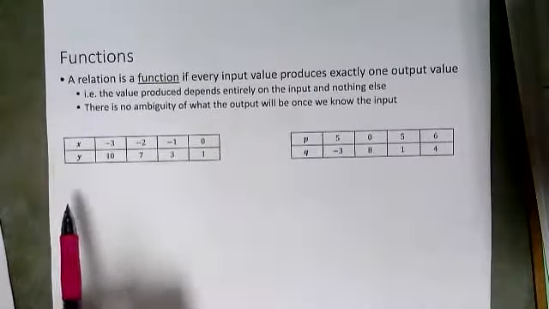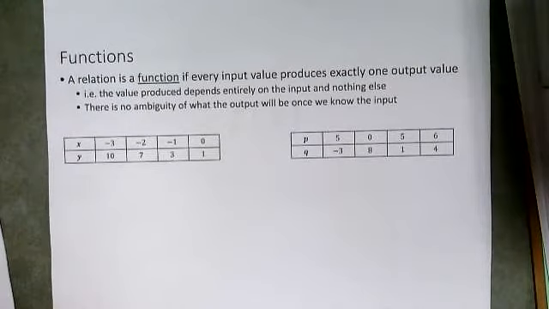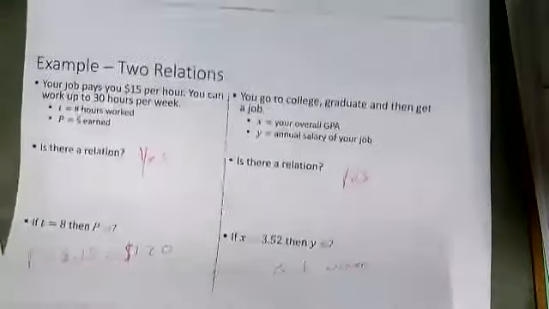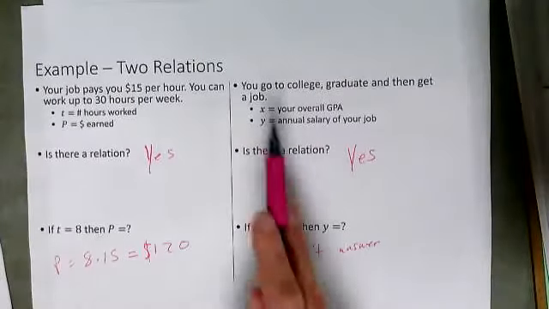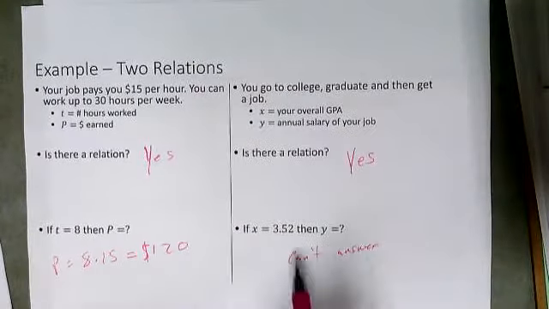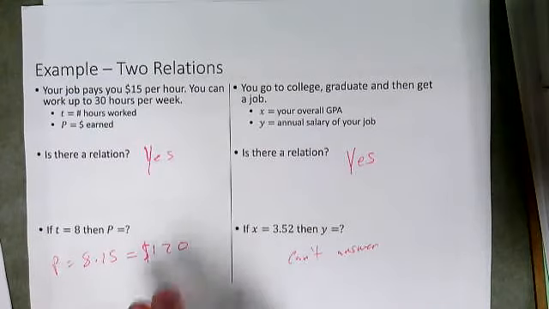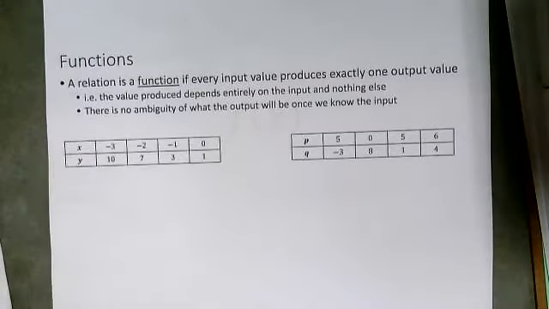So in this case, i.e., the value produced depends entirely on the input value and nothing else. And there's no ambiguity of what the output will be once we know what the input is. So for instance, if we go back, this guy is not a function because we can't answer this. There's ambiguity.